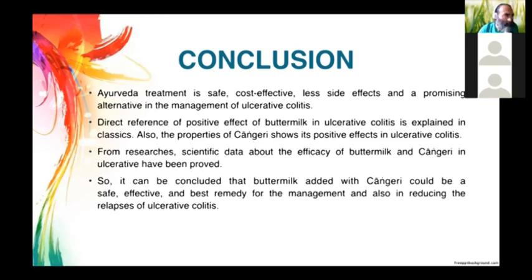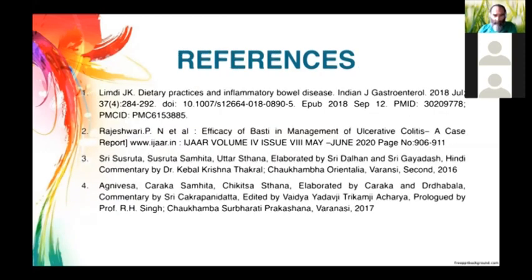From researchers, scientific data about the efficacy of buttermilk and jaggery in ulcerative colitis have been proved. So it can be concluded that buttermilk added with jaggery could be a safe, effective, and best remedy for the management and also in reducing the relapse in case of ulcerative colitis. Next, these are my references.